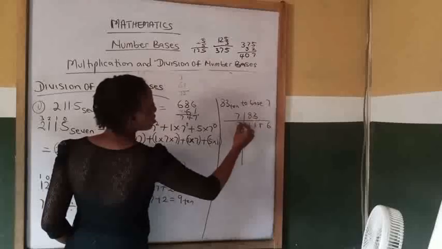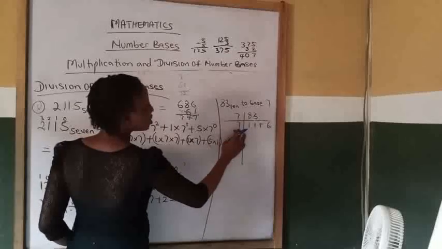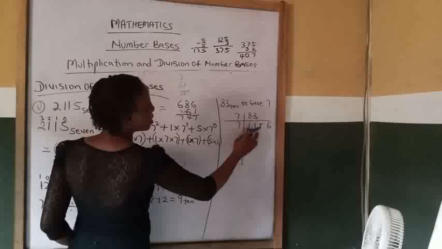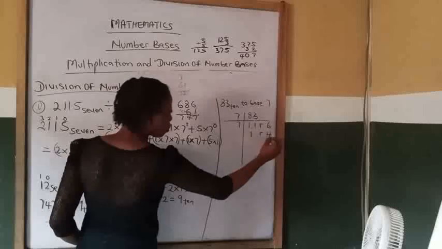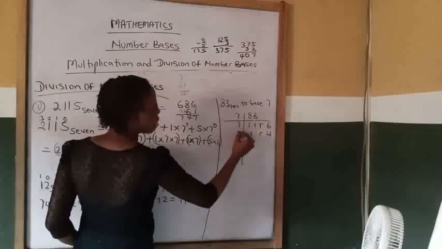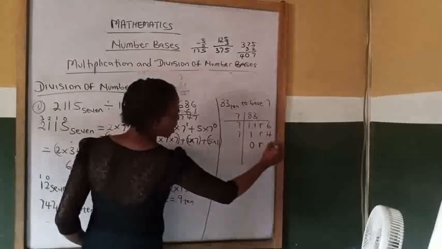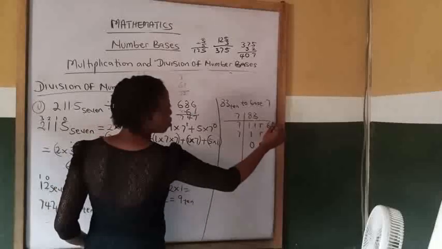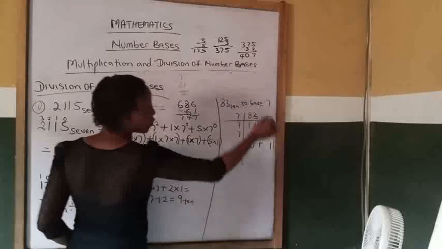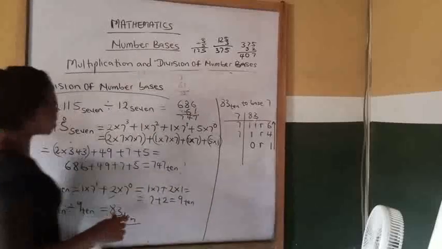Then how many 7s can we get in 11? That is 1, remainder 4. Then how many 7s in 1? That is 0, remainder 1. Don't forget that our resulting solution will be the upward collection of the remainders.